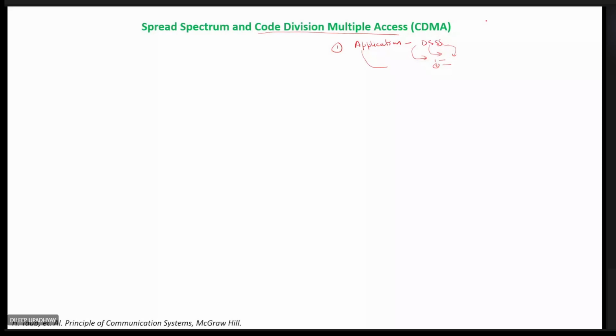So here in the coming slides we will be calculating two applications. One is very important, that is called CDMA, code division multiple access. Because if you recall the basic characteristics of spread spectrum, there is one point I have written: the multiple access technique is possible.